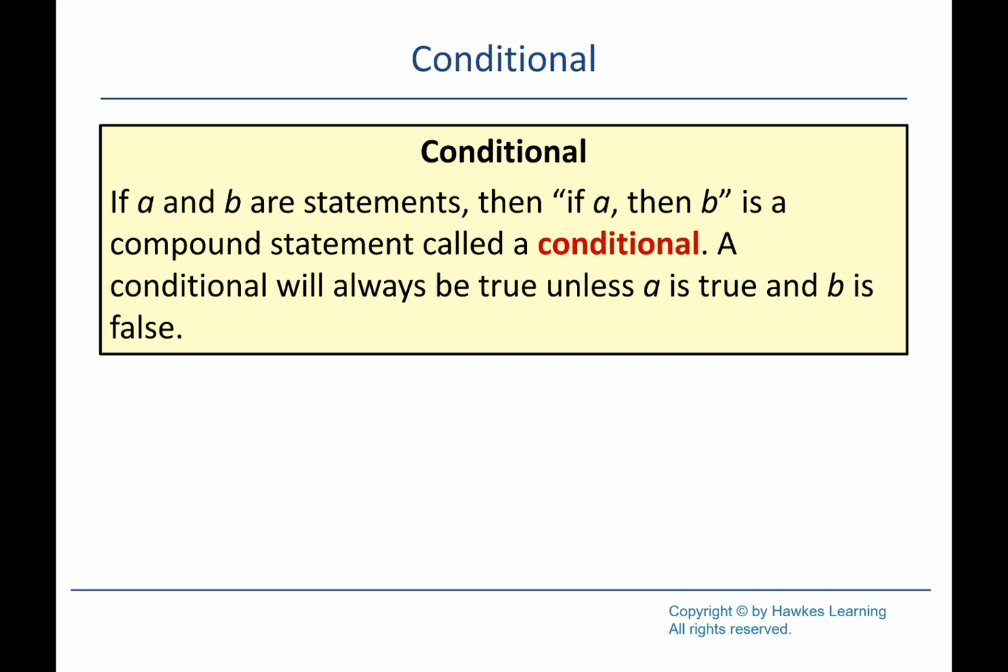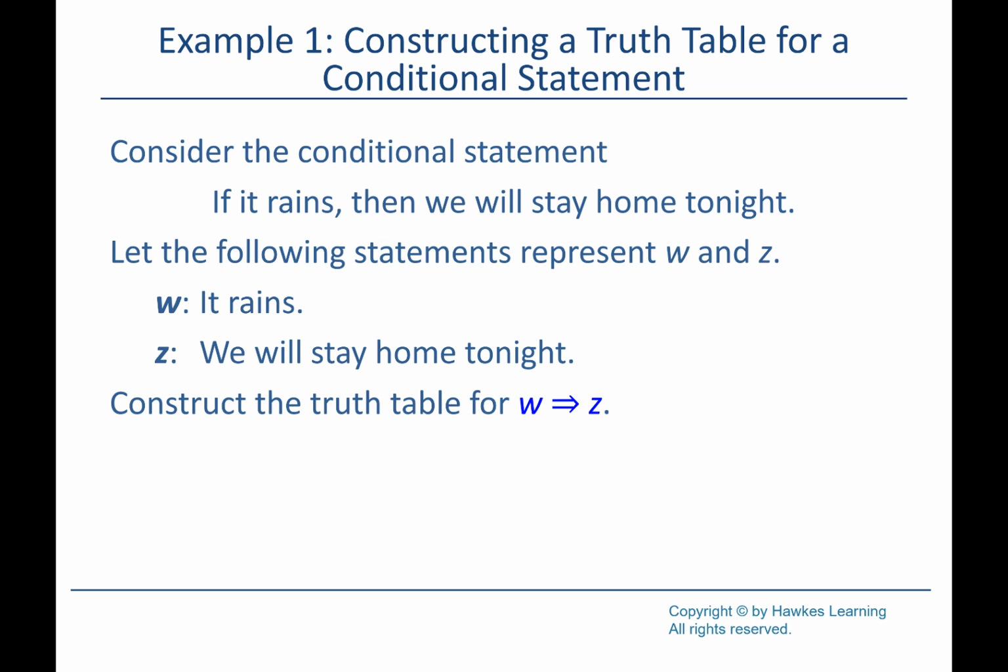So we're gonna fill out a truth table here. We'll talk about each little case as we go. Okay. So let's look at a couple of statements here. We want to think about this compound statement that says, if it rains, then we will stay home tonight.